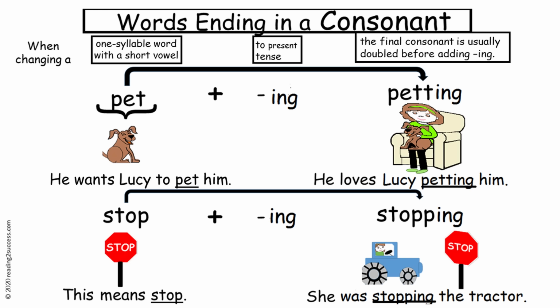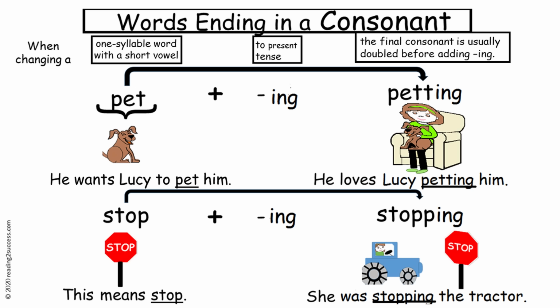So again, the T would be doubled and then add ing. So in our example, we have pet plus ing makes petting. And our two sentences are, he wants Lucy to pet him, and he loves Lucy petting him.